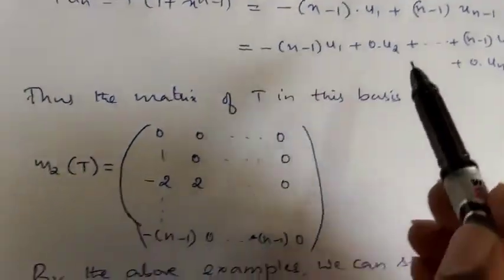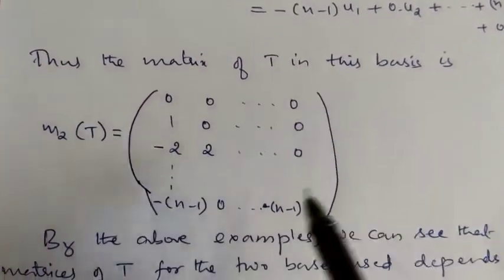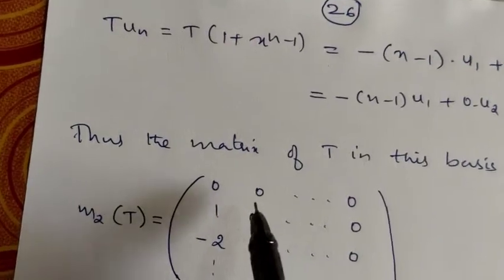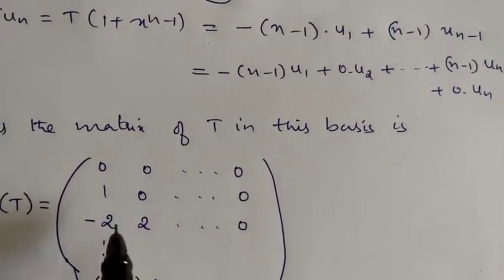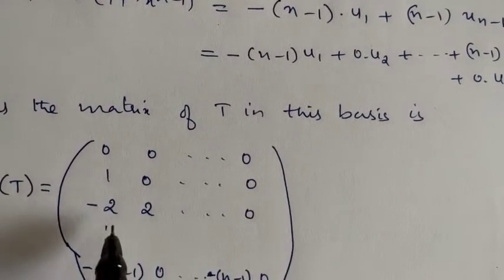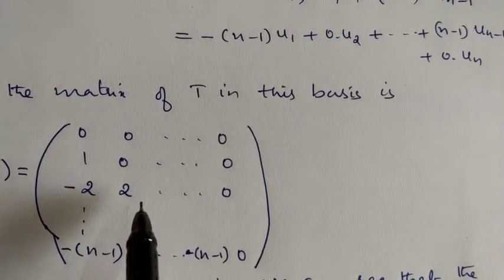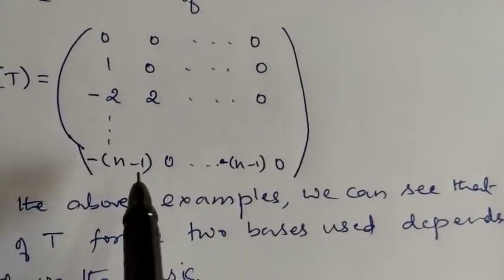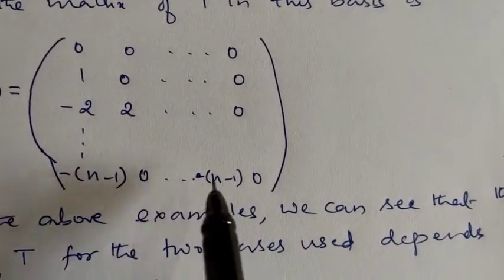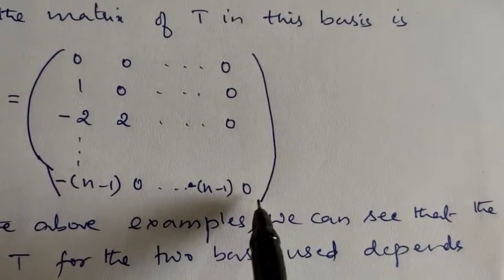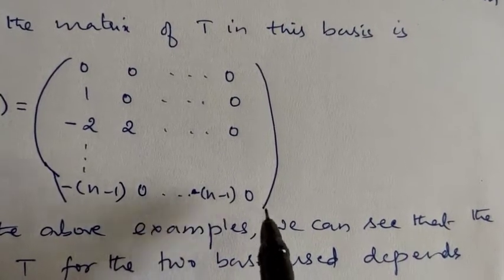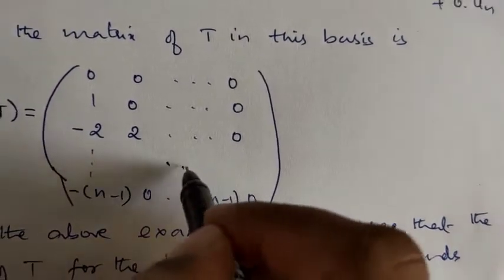So we have written like this. Therefore the matrix of T in this basis, M2 of T, is: first is the 0 row, 0 0 0, next is 1 0 0, next is minus 2, 2, 0, 0, last but one is minus n minus 1, 0, 0, etc. Last is n minus 1, 0. Okay, understand this?